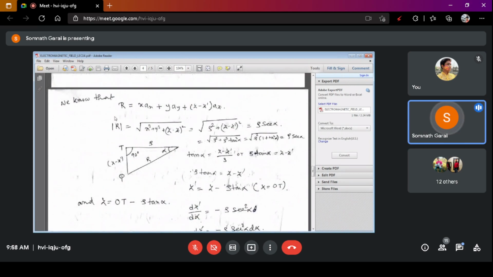Now we know that R is equal to x ax plus y ay plus (z minus z dot) az.